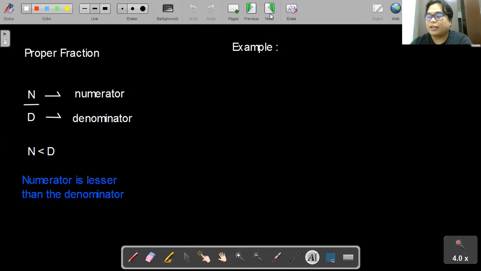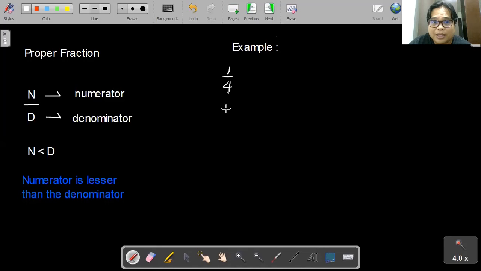Okay, let's cite some examples. Example for that is 1/4. As you can see, our numerator, the one at the top, is of lesser value compared to the one at the bottom, which is 4. 1/4 is an example of a proper fraction.